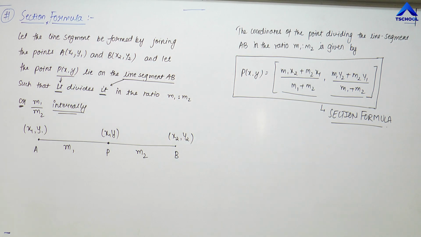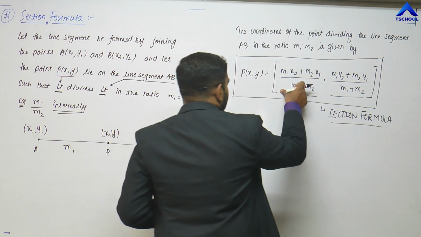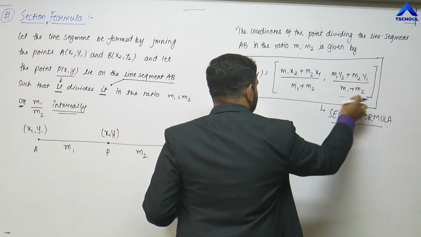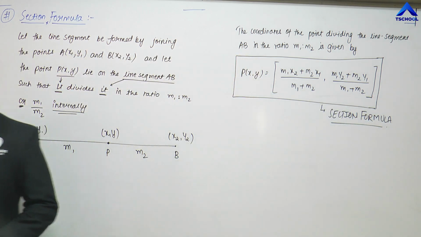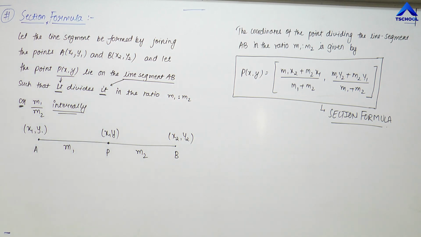So that you can directly write it down like the section formula. Whenever you are given the ratio and two end points of the line segment, at that time you can use this formula and you can find out the point dividing the line segment, right? We will see that in the next part when we solve some sums.